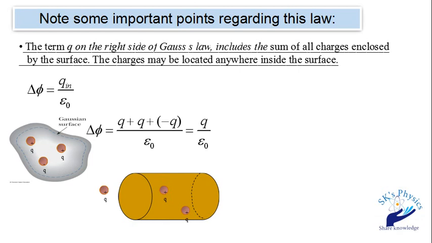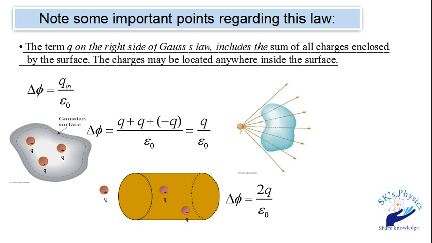Now here the enclosed charges are plus q and plus q, so the flux delta phi is equal to 2q by epsilon 0. And here the charge is not enclosed, so delta phi is equal to 0. That's the sum of all charges enclosed by the surface.